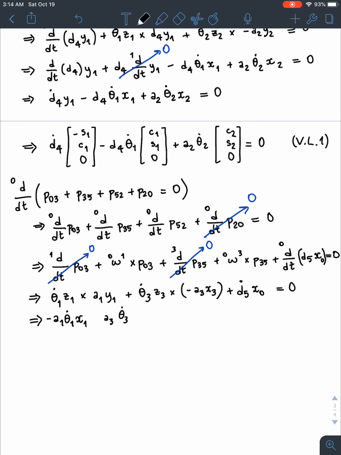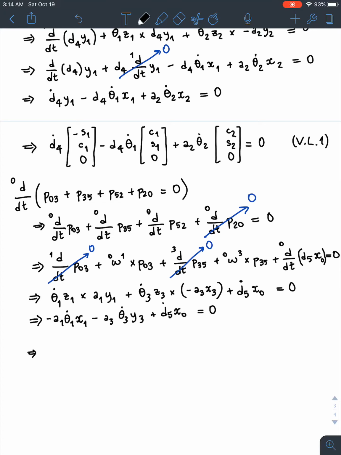Let me do it again. What I'm doing is theta 3 dot z3 cross minus a3 x3. So a3 theta 3 dot can come out. That part is correct. But I need to do z3 cross minus x3. So z3 cross x3 is plus y3. Since there's a minus there, this is minus y3. Very good. And then the next one is clearly d5 dot in the x0 direction, equals 0.